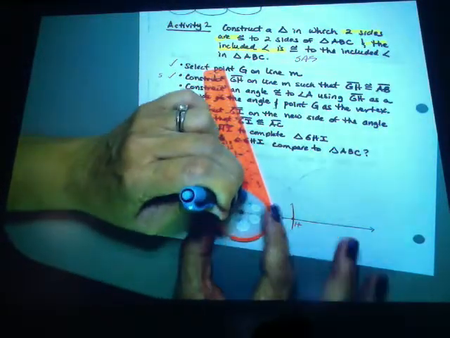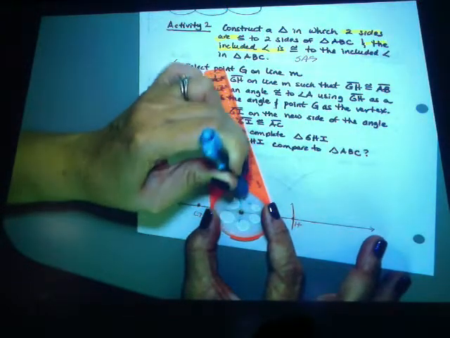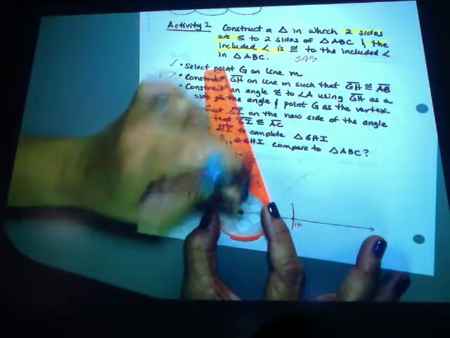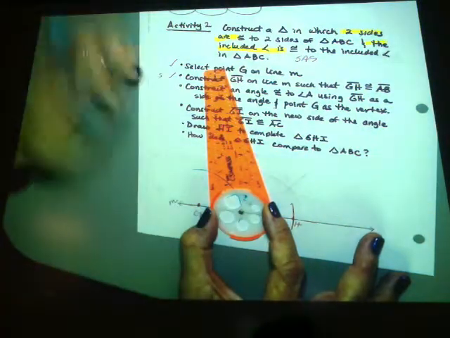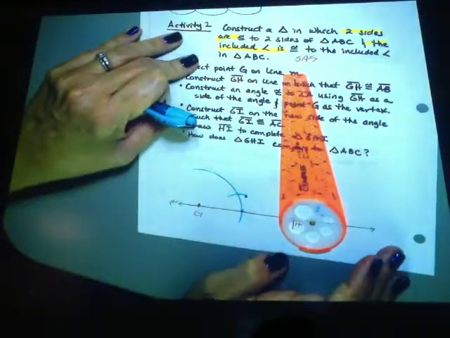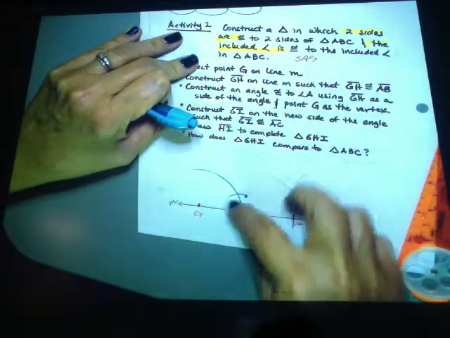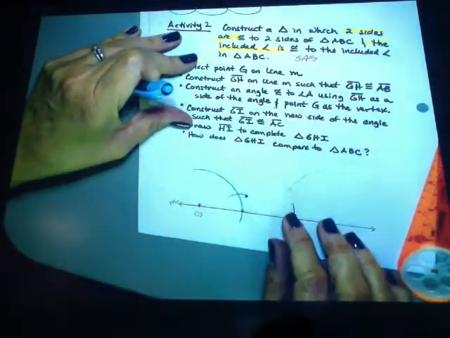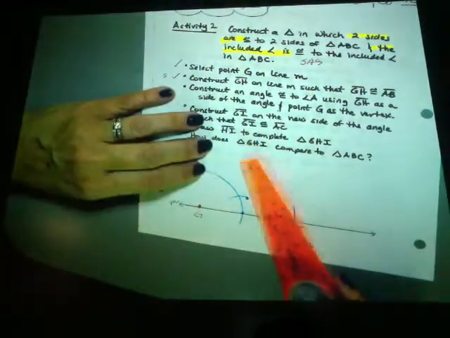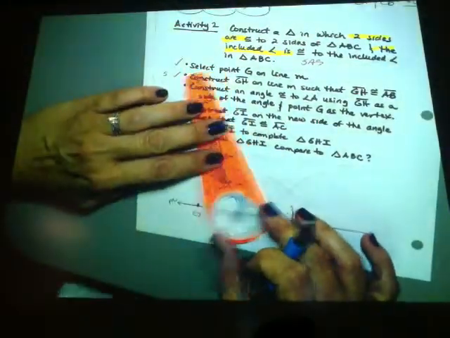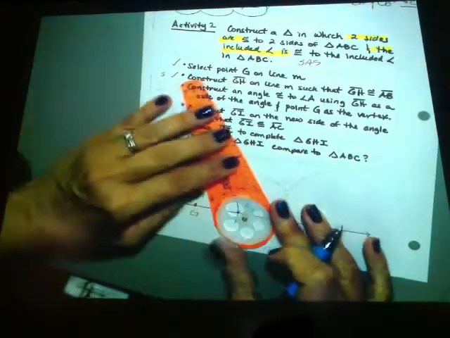So I need to kind of hold on to the ends of this right here so the brad doesn't move. And then I'm going to create an arc right there. X marks the spot. So that's telling me the distance from here to here on this angle. And so if I measured from here to here with my brad, I'm just going to double check to make sure that X marks the spot is the correct length.